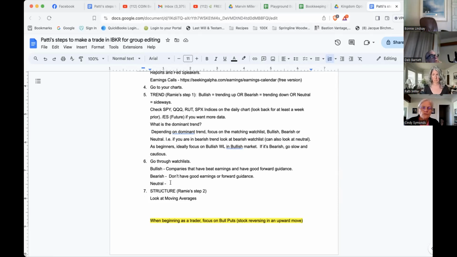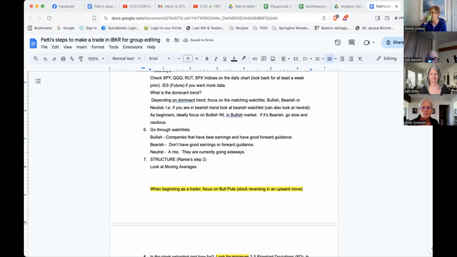Our first list, it was bullish, but then it went... and partly it didn't make earnings, but he felt like they had... so neutral is kind of a one or the other, but it can be either way. They could have made earnings but maybe their forward guidance is weak, or they have good forward guidance but didn't make earnings, which I think is what happened. A mix. Yeah, there we go. They're currently going sideways.